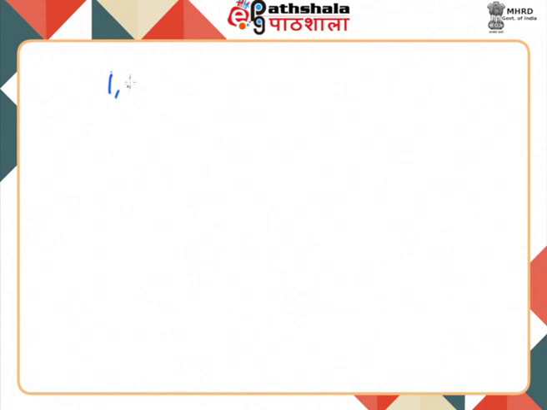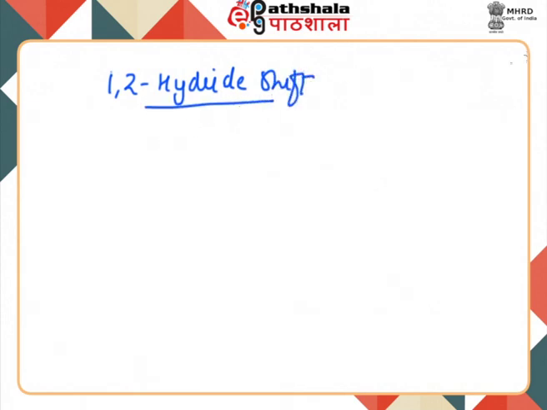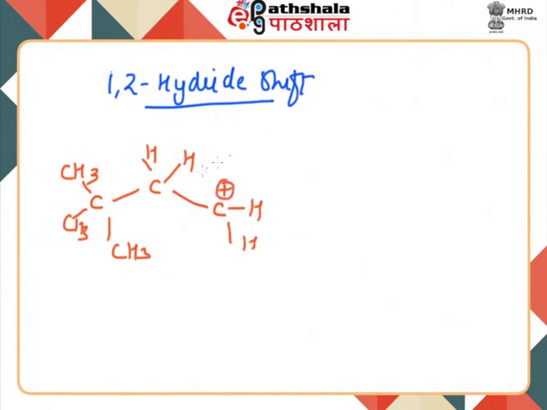Let us understand how the 1,2 hydride shift takes place. Now, let us consider that we have this carbocation, and you can notice that this carbocation is primary in nature.